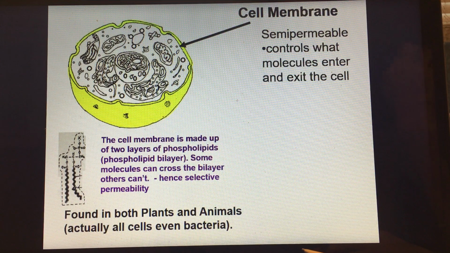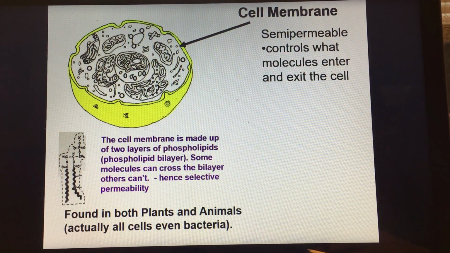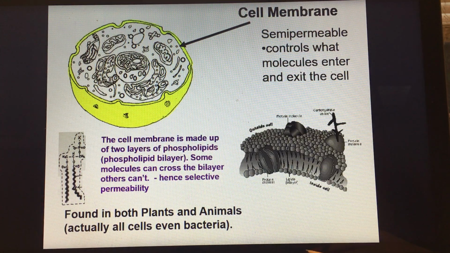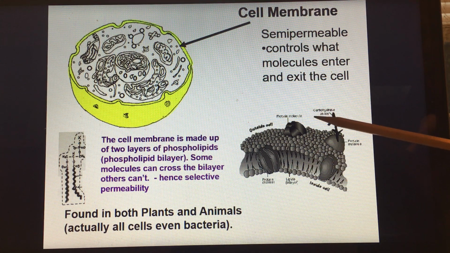And cell membranes are found in both plant and animal cells, and actually all cells, even bacteria. The bacteria, the only membrane that they have is the cell membrane on the outside. So this is a cross-section of a cell membrane showing you the phospholipid bilayer with the hydrophilic heads on the outside and the hydrophobic tails that have flipped towards each other away from the water.